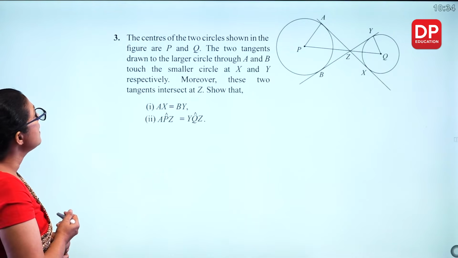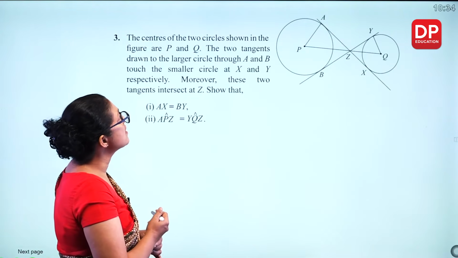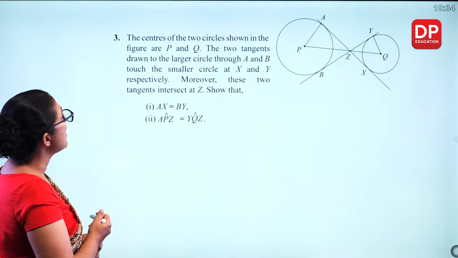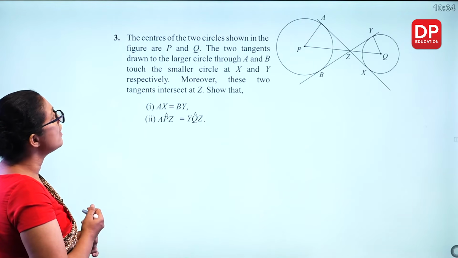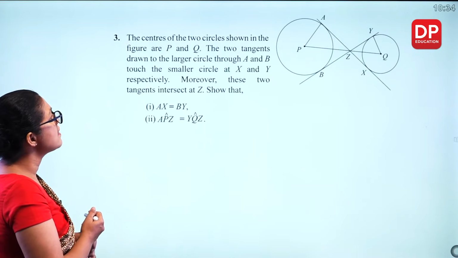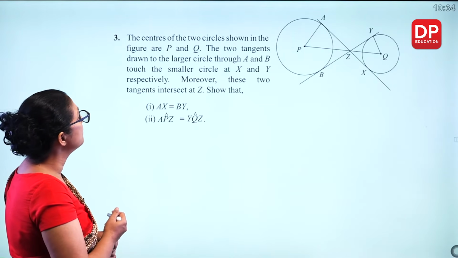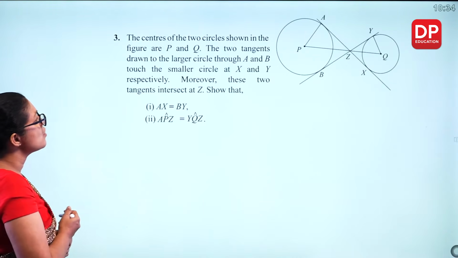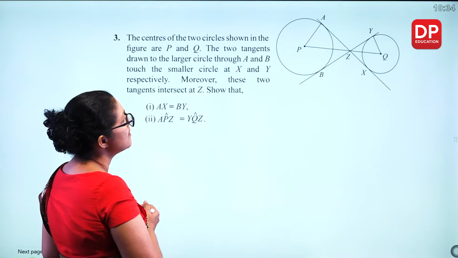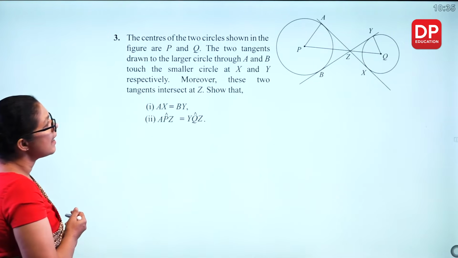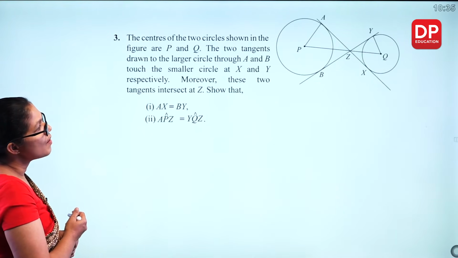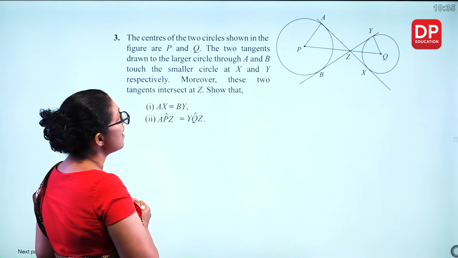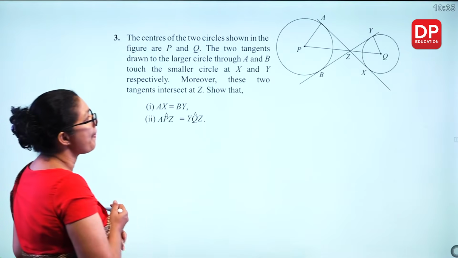Question number 3. The centers of the two circles shown in the figure are P and Q. The two tangents drawn to the larger circle through A and B touch the smaller circle at X and Y, respectively. Moreover, these two tangents intersect at Z. Show that AX is equal to BY.